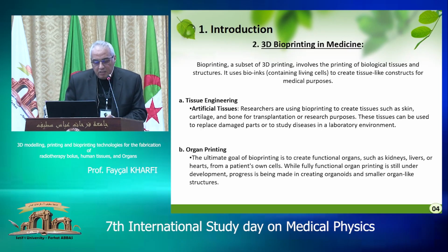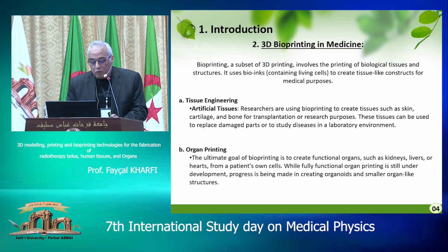The first application concerns tissue engineering. Here we can fabricate artificial tissues. Researchers are using bioprinting to create tissues such as skin, cartilage, and bone for transplantation, which is a very interesting application, and also for research purposes. These tissues can be used to replace damaged parts or to study disease in a laboratory environment.